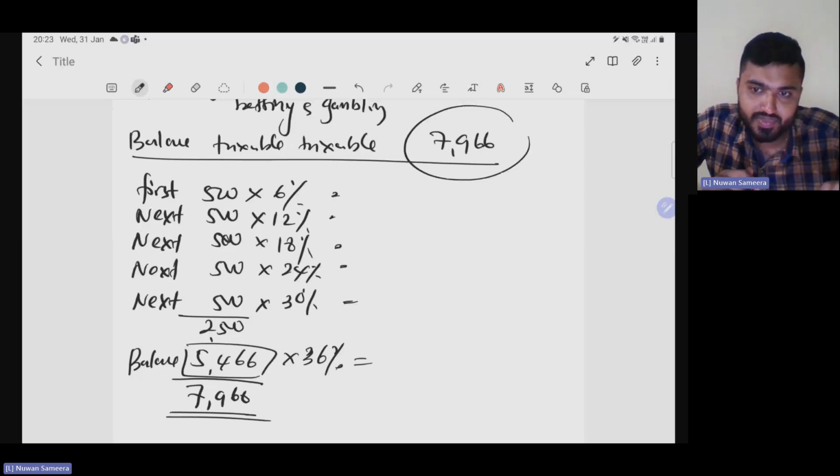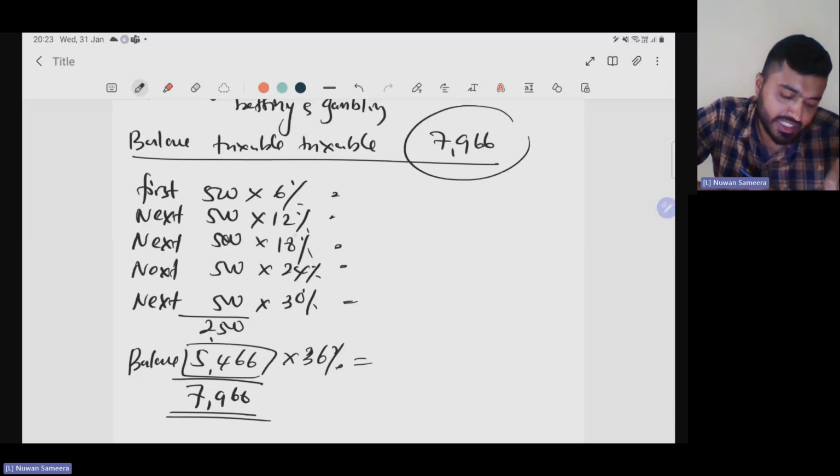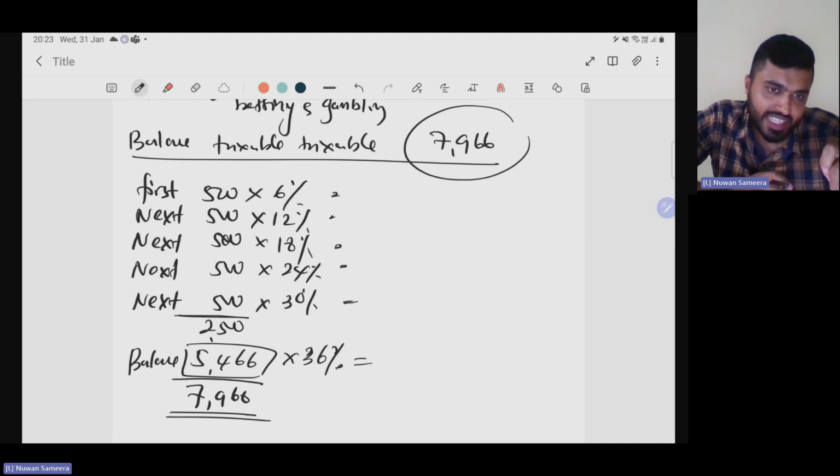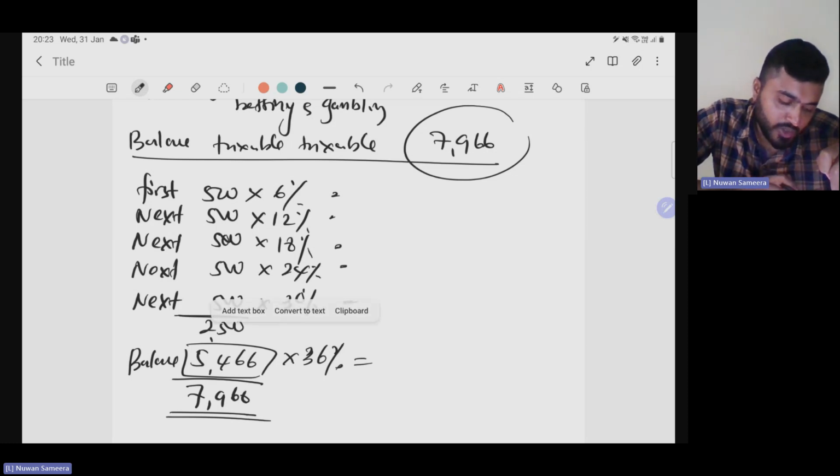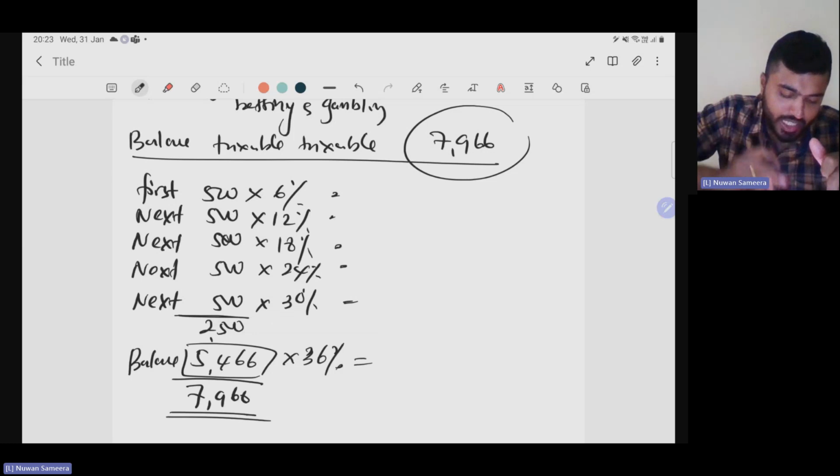7,966, right? Like 6%, 12%, 18%, 24% and 30%, you can tax up to 2.5 million. Did you get that? Total up to 30%, you got the 500,000 bucket. The 500 into 5 means 2.5 million. 2.5 million you have already taxed at different tax rates: 6, 12, 18, 24 and 30.